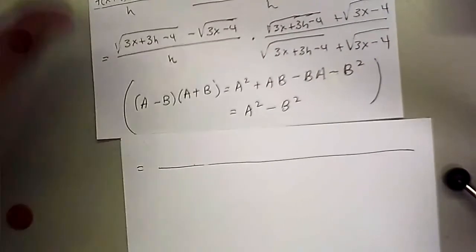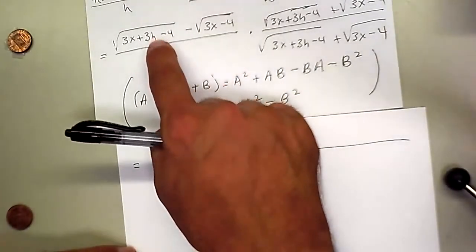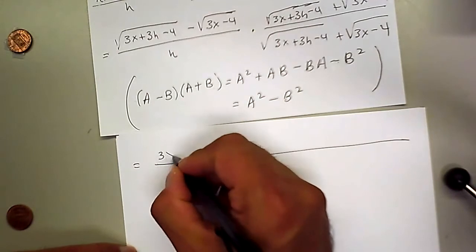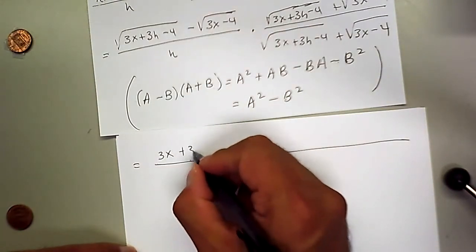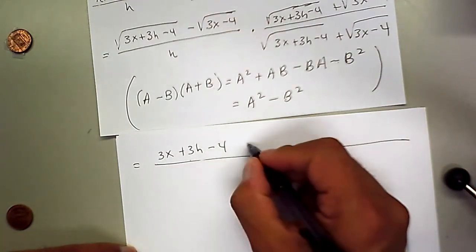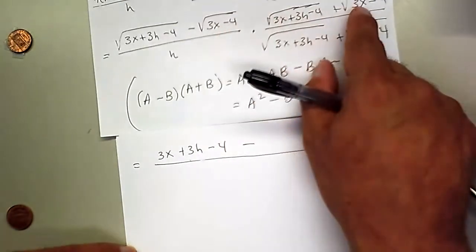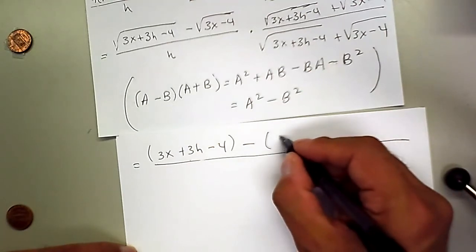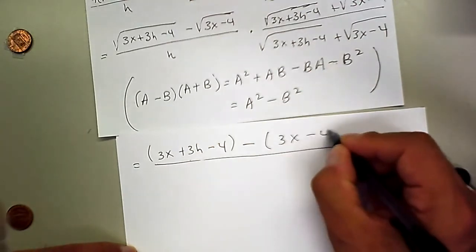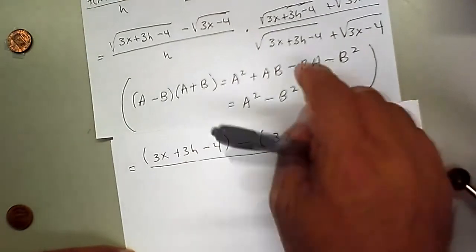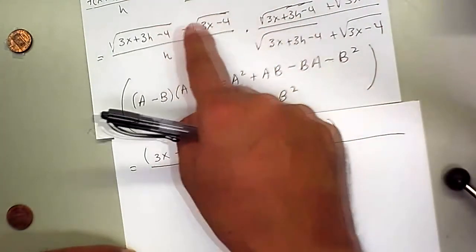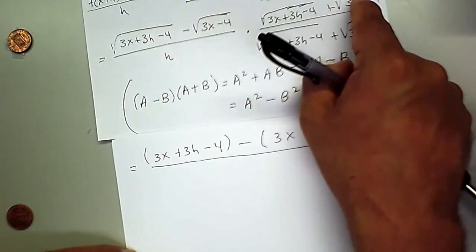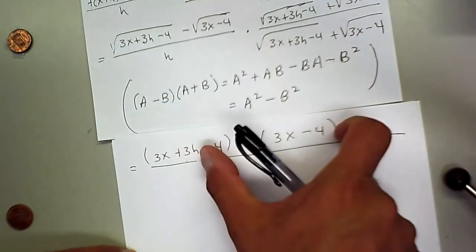So multiply this with that, and the root with itself is going to give us 3x plus 3h minus 4. And then we're going to subtract this plus that. So we're going to subtract 3x minus 4. And that's it. The other two terms, multiplying this big A with this B, would have been a huge two roots together.